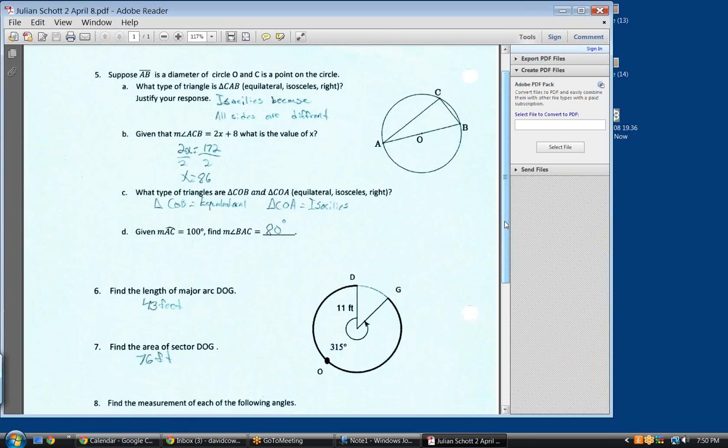Suppose AB is a diameter and C is a point on the circle. What kind of triangle gets inscribed in a semicircle? That's what this is. In other words, the fact that AB is a diameter makes this thing a semicircle. When you inscribe any triangle in a semicircle, this is always a right angle.